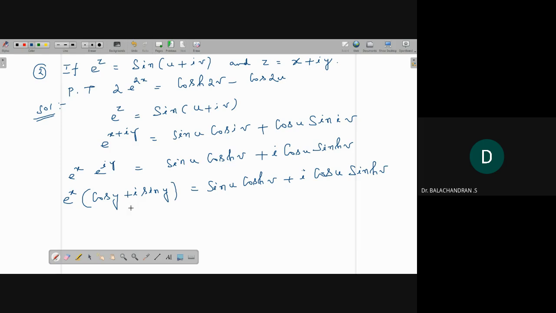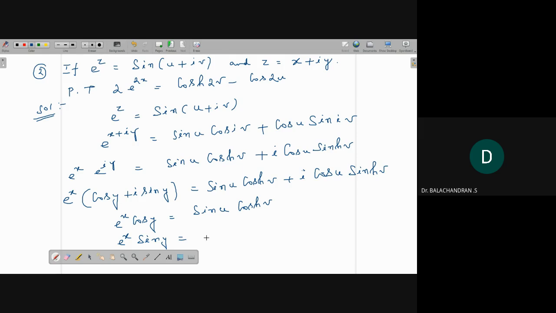So now what is the real part? If you compare the real part, you have e power x cos y equal to sine u into cosh v. If you compare the imaginary part, you will get e power x into sine y on the left hand side.